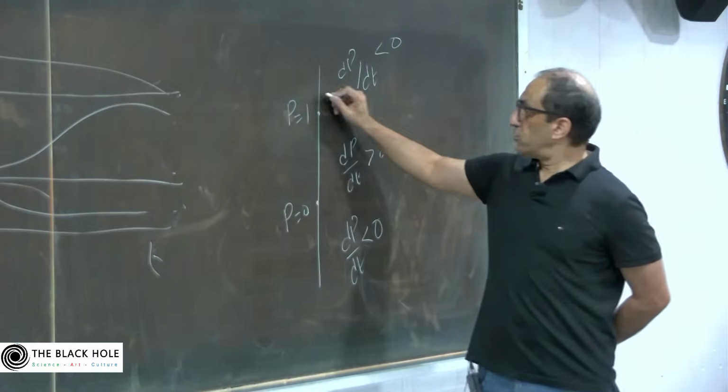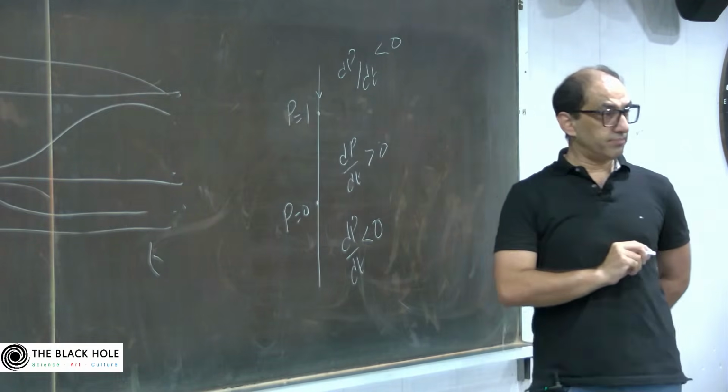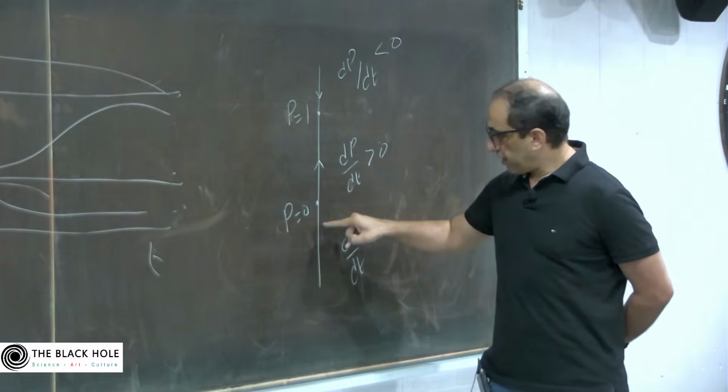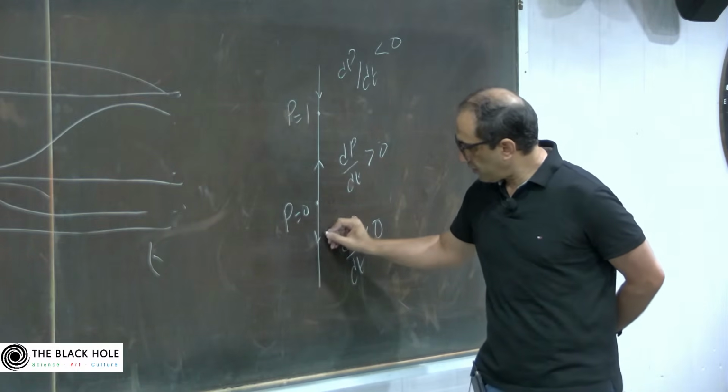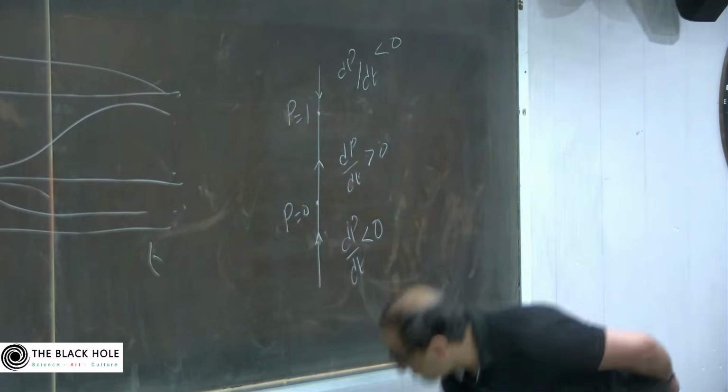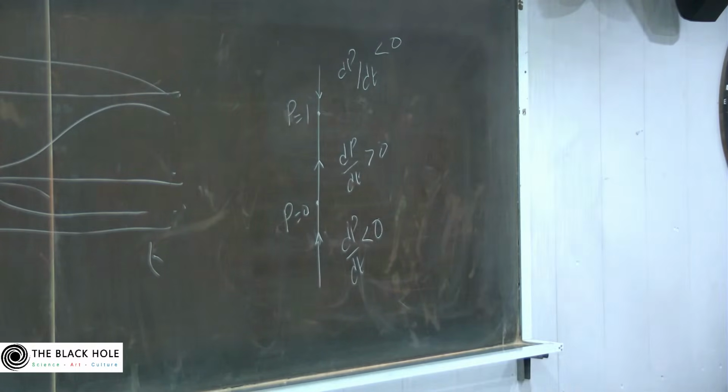Okay. So on a phase line, what you say is that if it is less than 0, it is coming towards this. If it is greater than 0, then it is going towards this. And if it is less than 0, it is going again in this direction. All right? Okay?